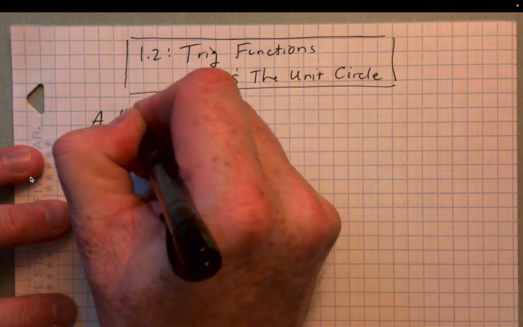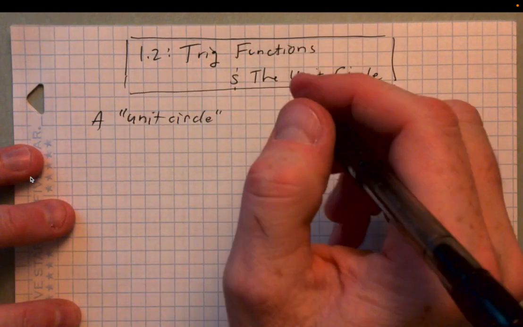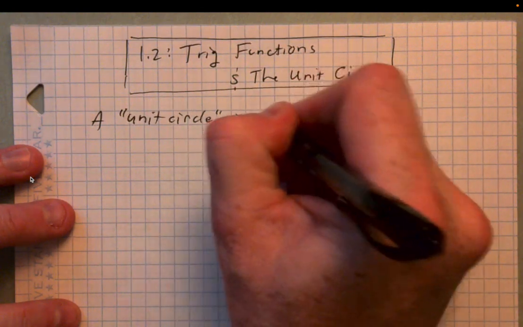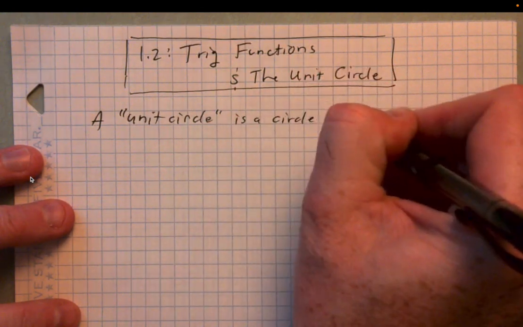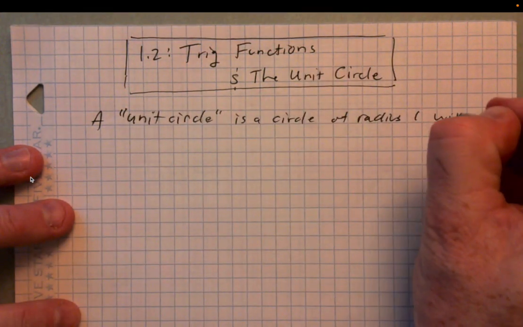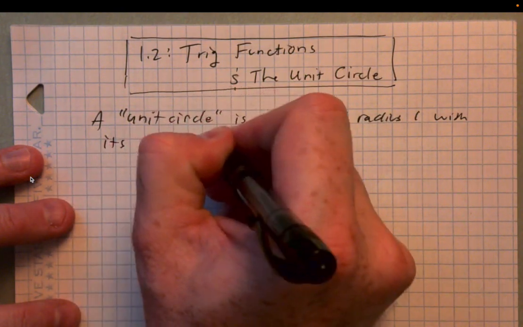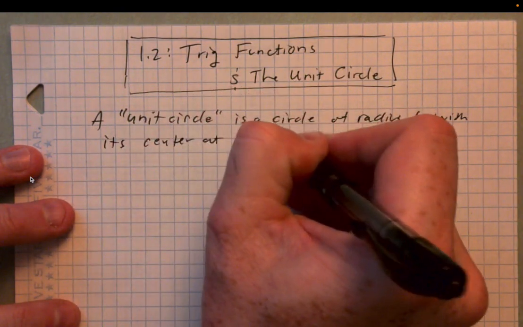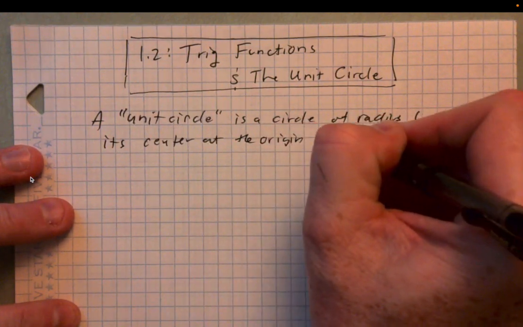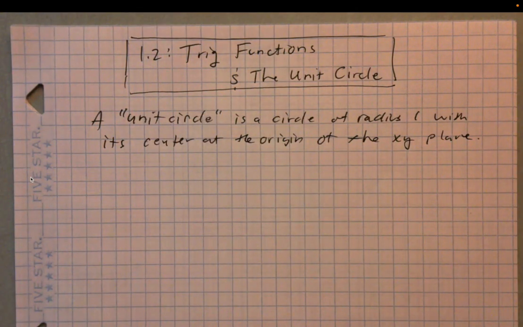A unit circle is a circle of radius 1 with its center at the origin of the xy plane. So it's a circle whose radius is 1 that's centered at the origin of the xy plane.